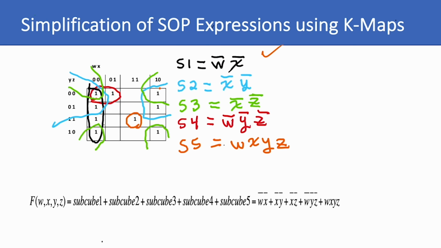Okay, and the next one we did was the blue. We did these two in the corner over here, and then these two over here. And that translated to, because we have a covering of 4, 2 variables drop out, and it translated to the product term X bar, Y bar.